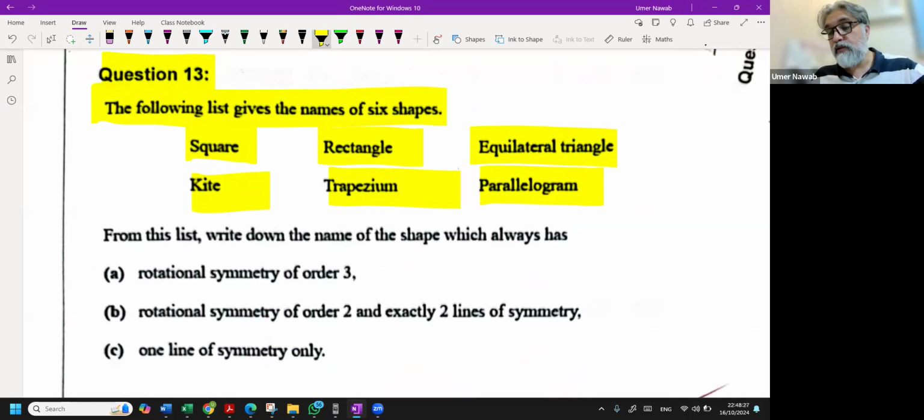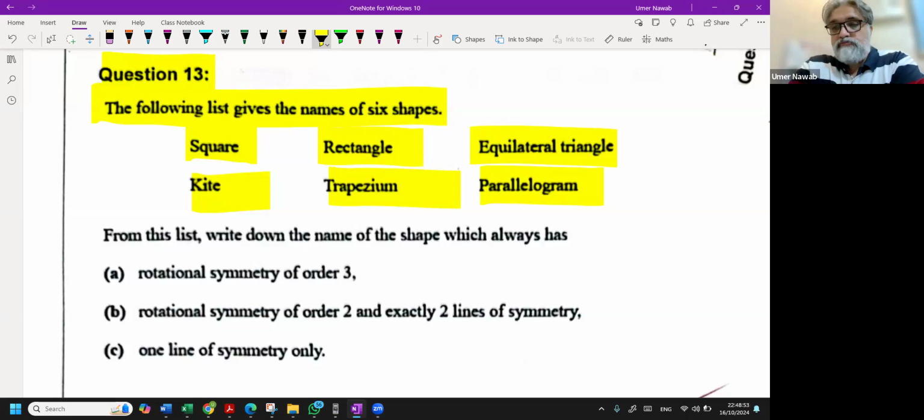Rectangle has 2 lines of symmetries and 2 order of rotation. Equilateral triangle, it's a regular polygon of 3 sides, so it has 3 lines of symmetries and 3 order of rotation. Kite has only 1 line of symmetry. The order is 1, but no rotational symmetry.